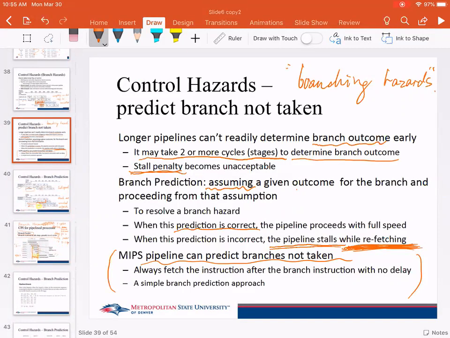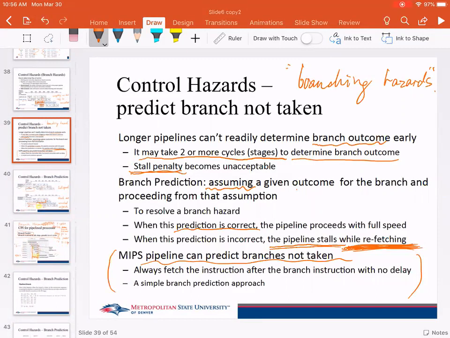For certain types of programs and applications, there are not a lot of branches anyway. So then you can always use this simple technique: the branch is not taken all the time. Then you only need to pay the penalty when the branch is taken. So that's the easiest type of branch prediction.